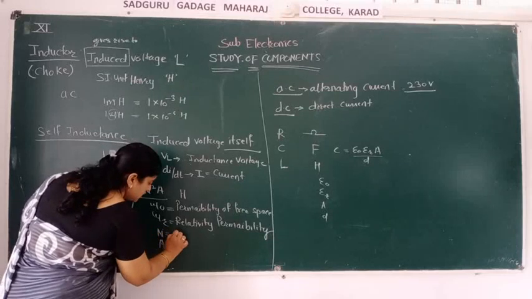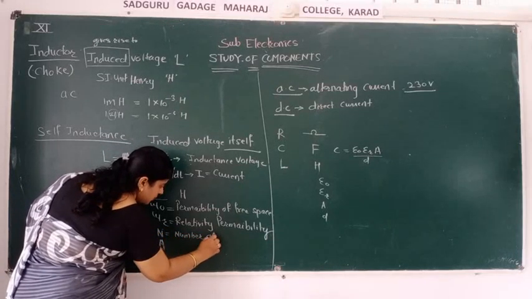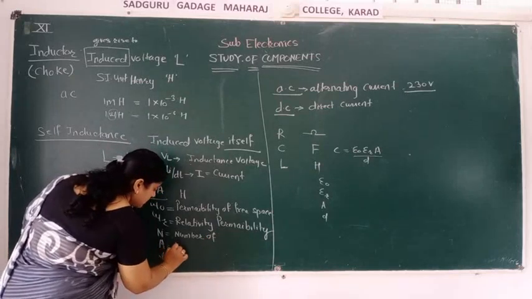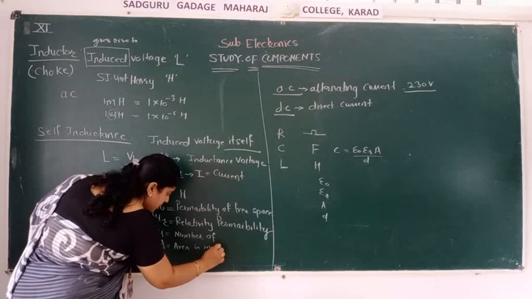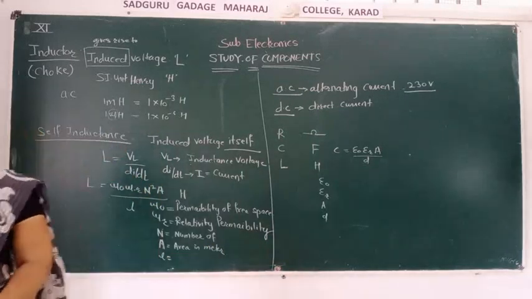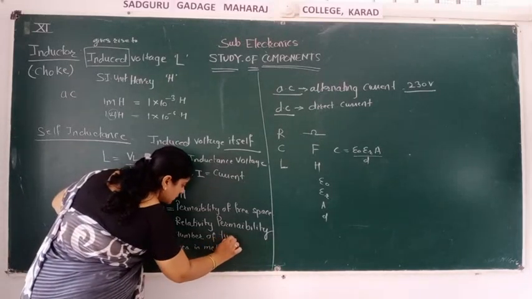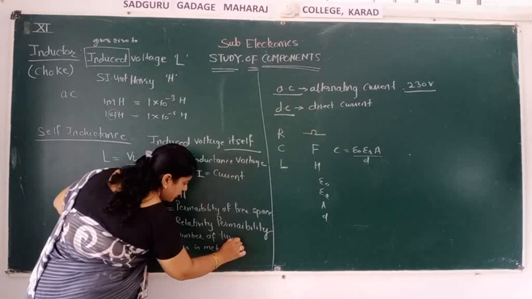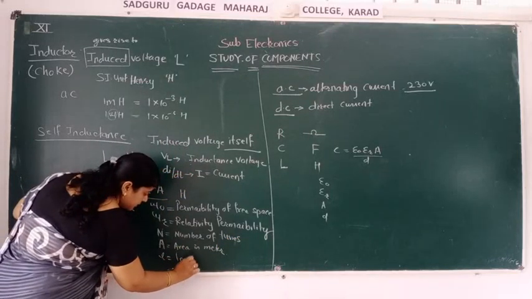N is the number of turns, A is the area in meter squared, and small l is the length.